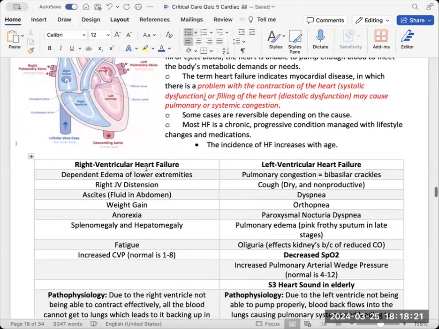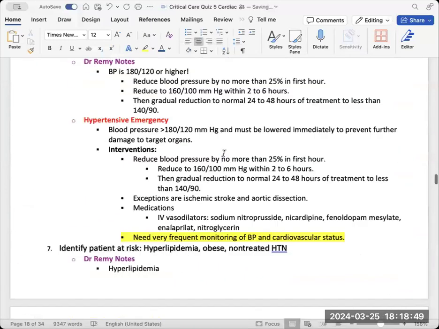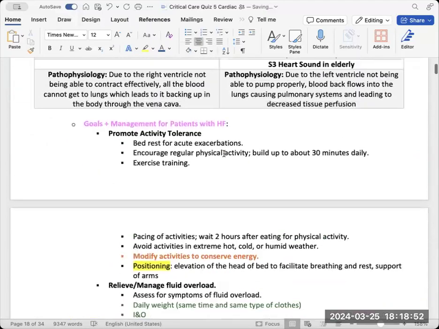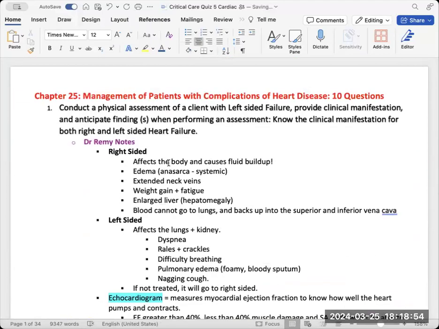Such as jugular vein distension, ascites, or fluid in the abdomen, weight gain, splenomegaly, hepatomegaly, which is enlarged spleen and enlarged liver, fatigue, and even an increased central venous pressure. If you think about it, if there's fluid building up in the body, that's going to increase pressure, so the central venous pressure is going to increase. Anyway, that's just the anatomy of the heart.